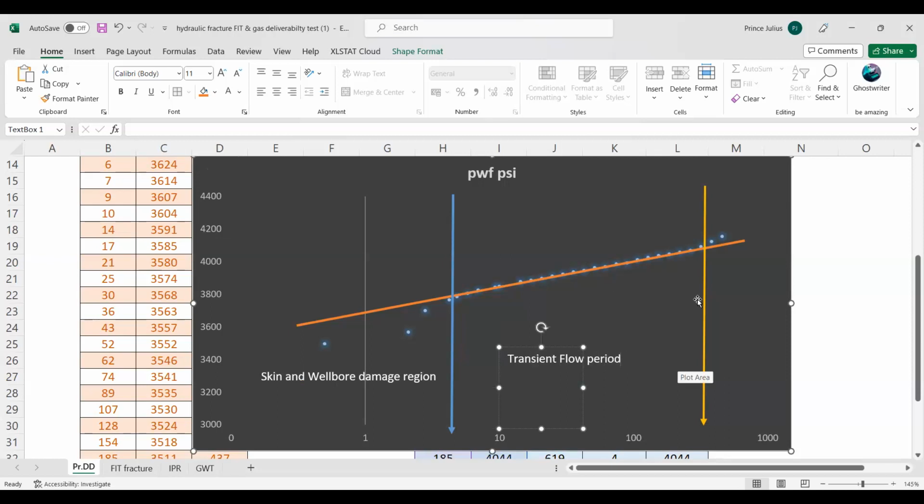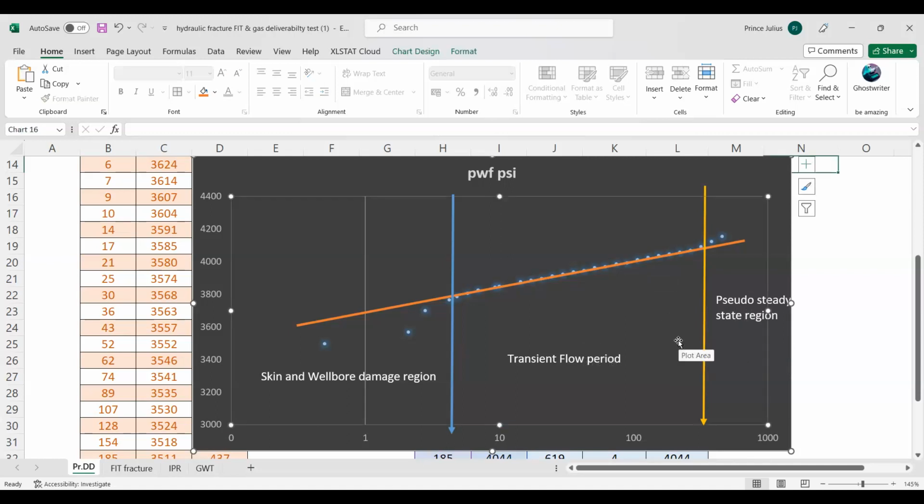And finally, this is pseudo steady state flow. So these are the three different regions that we can observe.